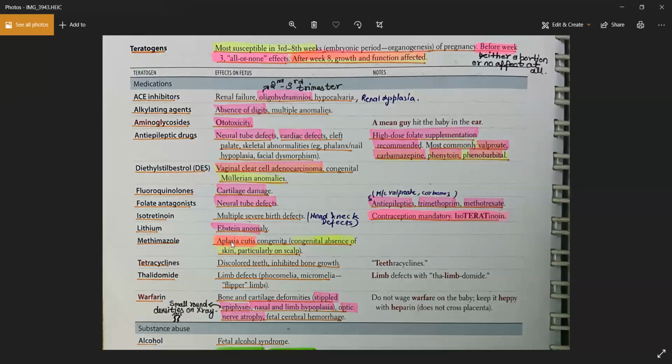Do you remember any other disorder where you can have aplasia cutis? Trisomy 13, Patau syndrome. Down syndrome, you can have aplasia cutis there also. So you need to stop this medication in the first trimester of pregnancy.